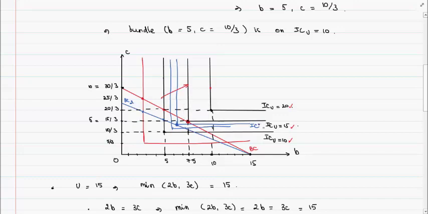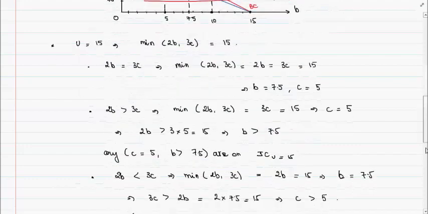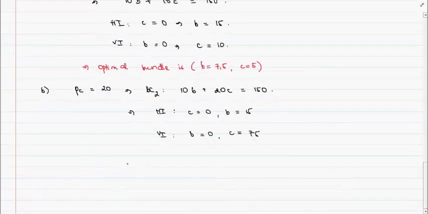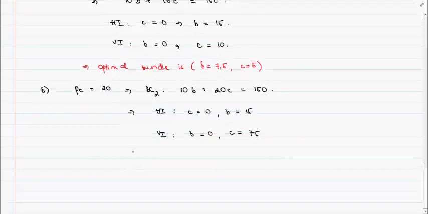So this indifferent curve IC star, which is the indifferent curve such that the vertex point is touching the budget constraint, is going to be the highest indifferent curve you can get, and therefore this is going to be the optimal bundle. So to find that optimal bundle, what we have to do is find the vertex point of the indifferent curve that is touching the budget constraint.